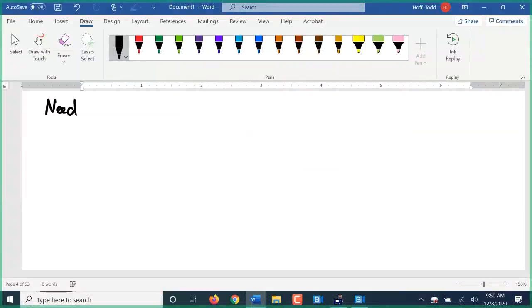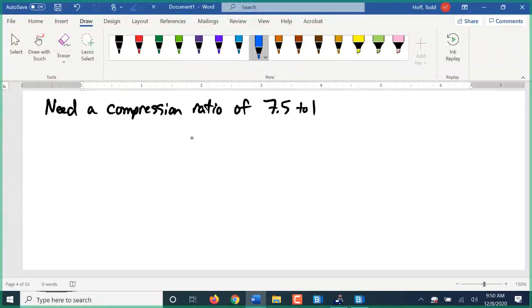Let's say we need a compression ratio of 7.5 to 1. So that's 7.5 over 1.